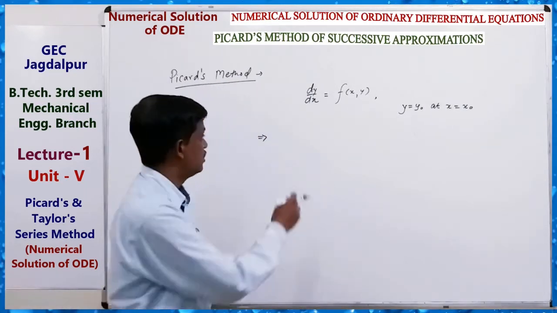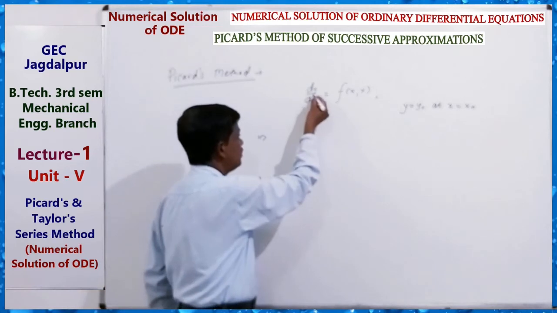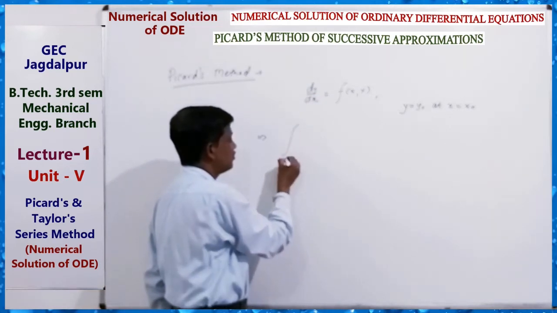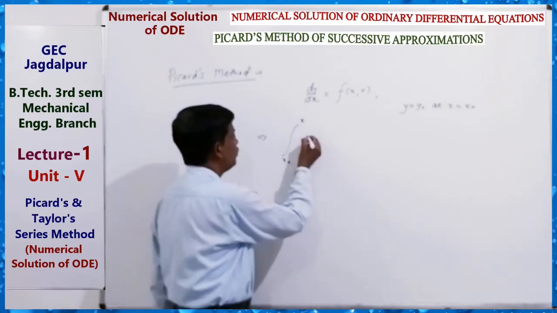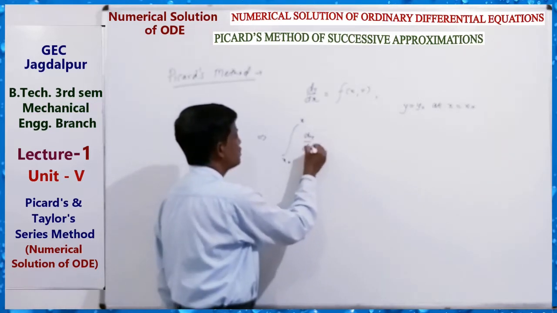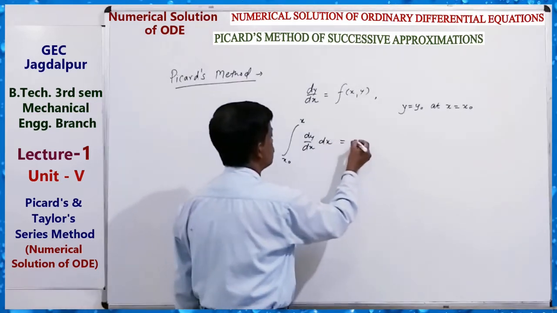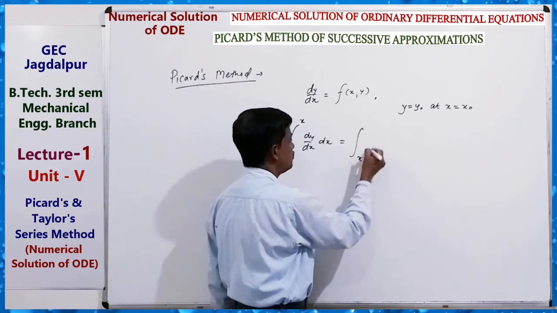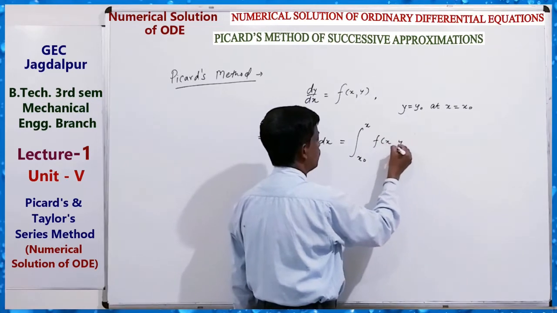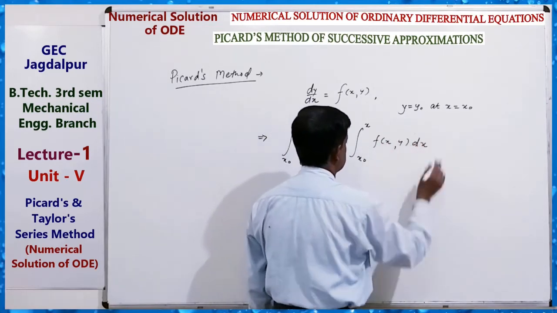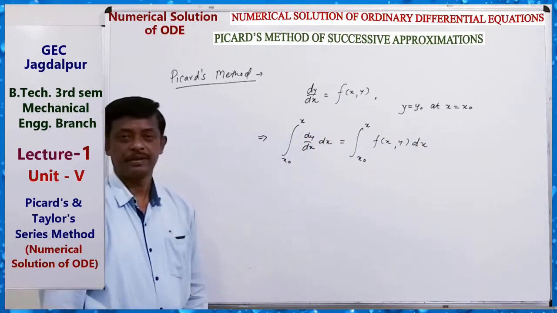Just like this. Suppose we integrate dy upon dx with respect to x from x0 to x, equals the integral from x0 to x of f(x, y) dx on both sides. Clear?